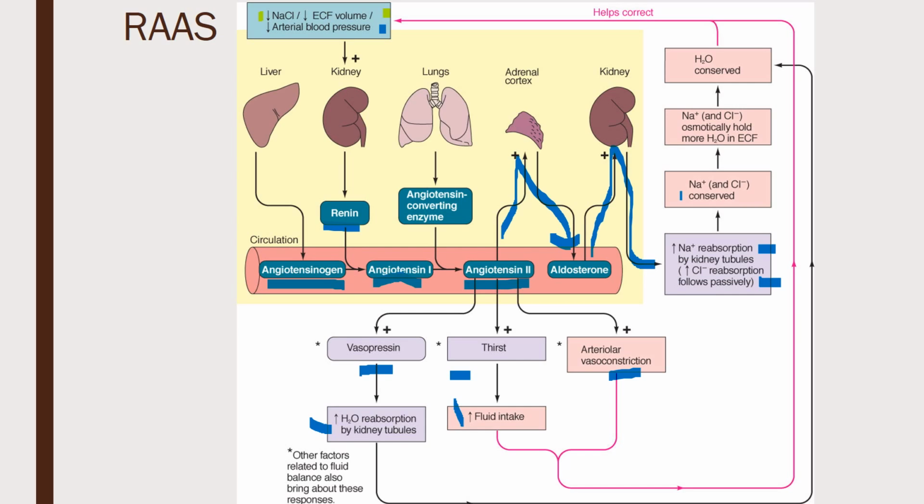So sodium is going to be conserved, and then based on the countercurrent multiplier system, water is also going to be conserved. This will help to increase salt levels, increase our extracellular fluid volume, and also help increase blood pressure. So this will continue on until we go back to normal homeostatic levels.